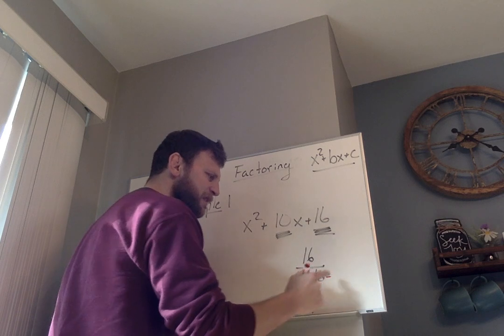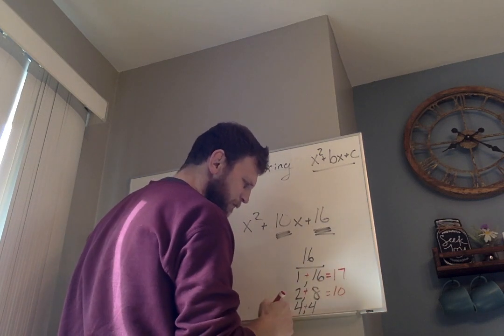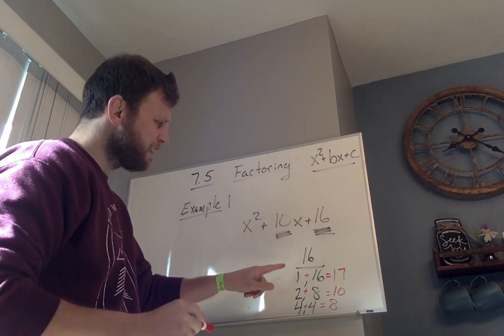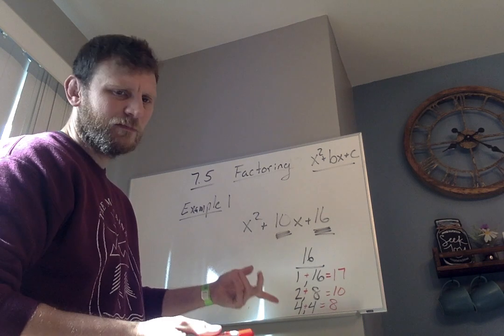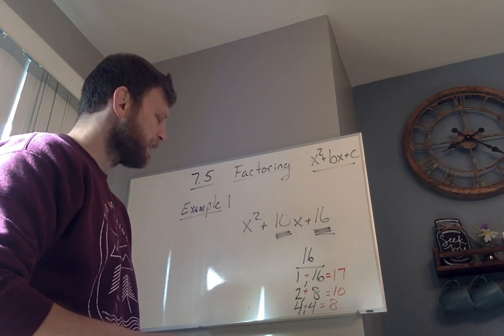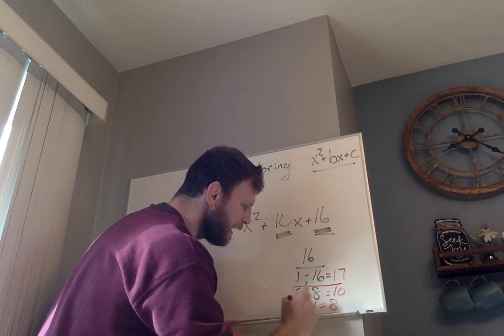So 1 plus 16 is 17, 2 plus 8 is 10, and 4 plus 4 is 8. So which of these pairs of numbers add up to 10? What do you got, Leah? Very good. 2 and 8.